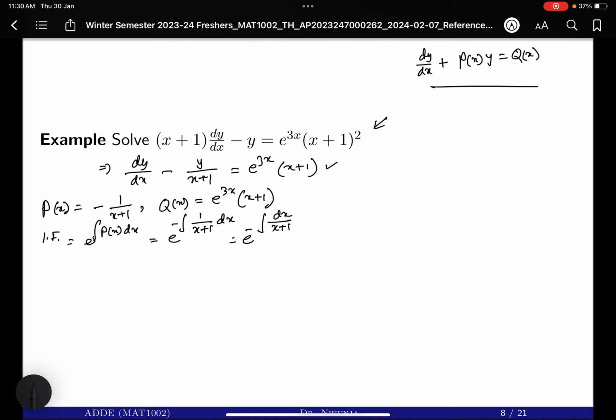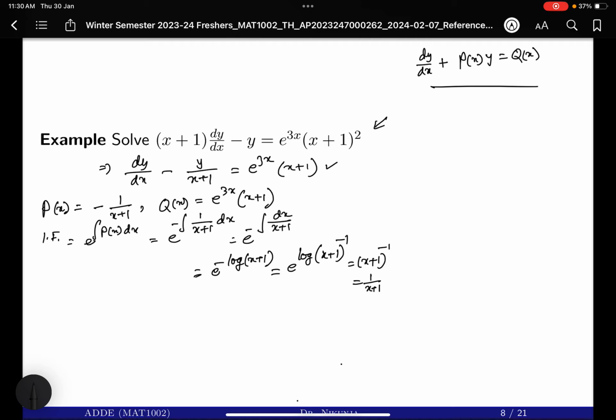As per the integration formula, what do you get? e^(−log(x+1)). Basically this is nothing but e^(log(x+1)) inverse. So you get (x+1) inverse, that is basically 1/(x+1).